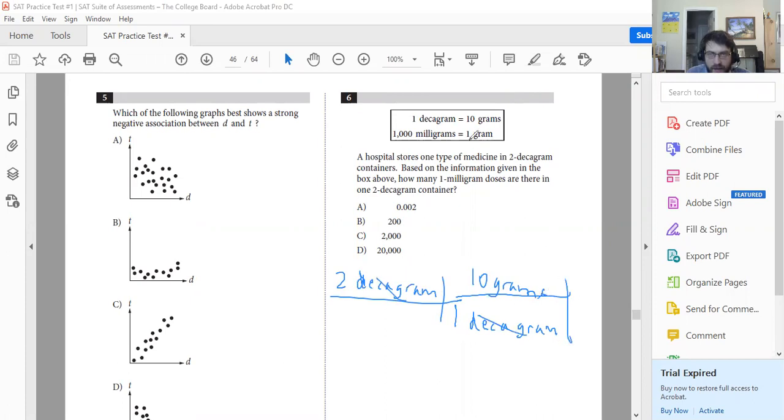And then we have 1 gram is 1,000 milligrams. So we have 2 times 10 times 1,000. We have 4 zeros. Add our 4 zeros, put a comma, and we have our answer.